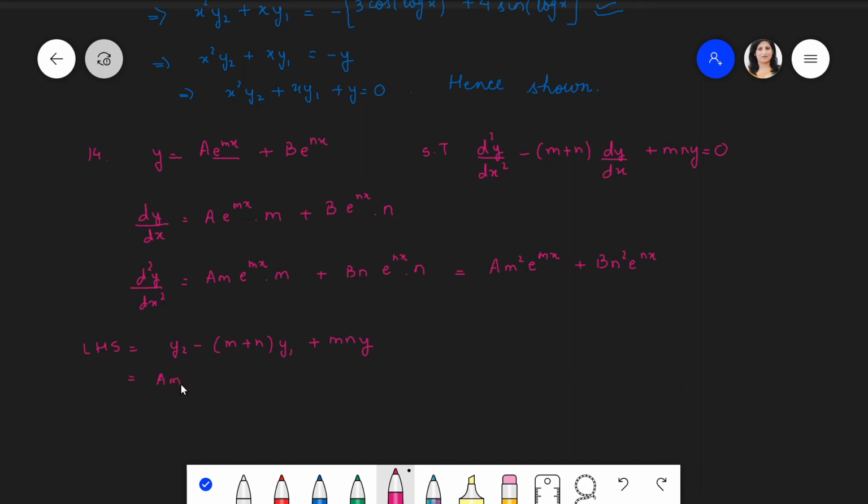So we are getting here am square e to the power mx plus bn square e to the power nx minus m plus n times the first order derivative, which is am e to the power mx plus bn e to the power nx, plus mn times y, which is this.